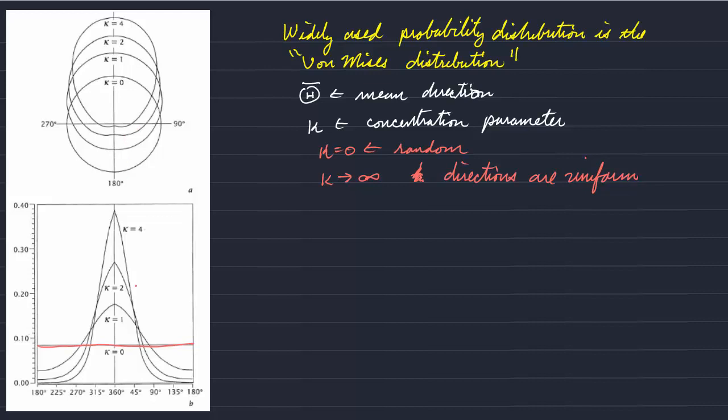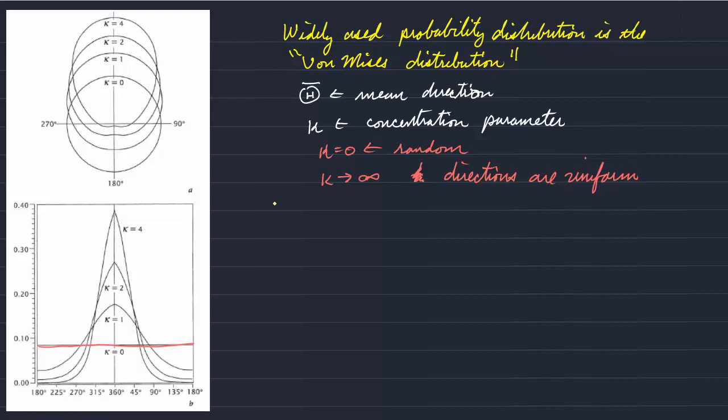So you can see here as kappa starts off from reflecting a random distribution to greater concentrations, the polar histograms become more focused to the direction. In this case it would be 0 degrees, 0 azimuth, and this is also illustrated in this lower diagram with the probability increasing and focusing towards 0.